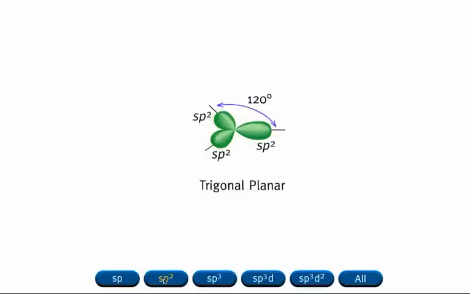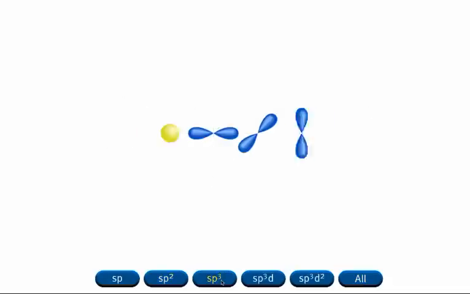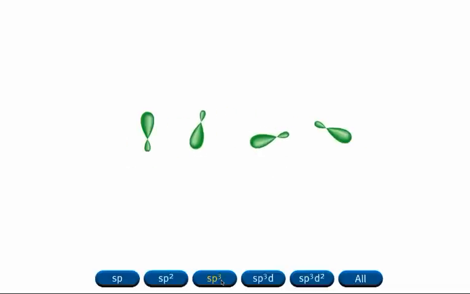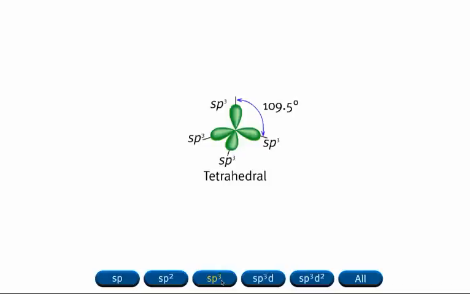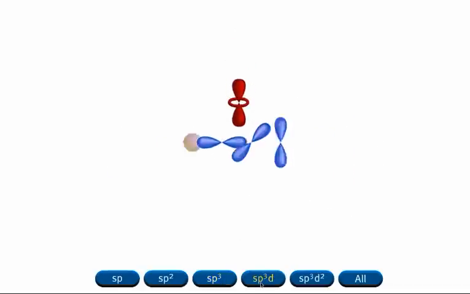Next is one of the most common of the hybridizations. This is a combination of s and three p's, so that gives four sp3 hybrid orbitals. And the shape of that one is tetrahedral. Then we have two types of hybridization that account for the expanded octets. The first is a combination of one s, three p's, and a d.